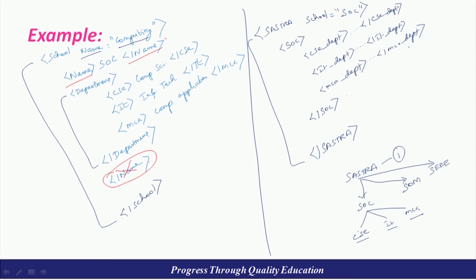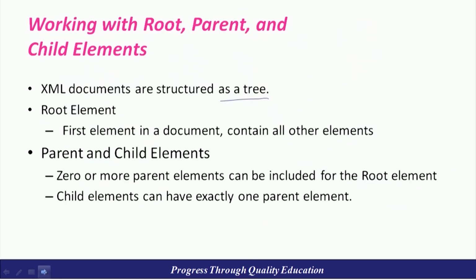The sense is exactly only one. CSE has only one parent, IT has only one parent, MCA has only one parent. So, Shastra is a root tag, has 3 children and one of the children holds 3 subchild elements that are given here.